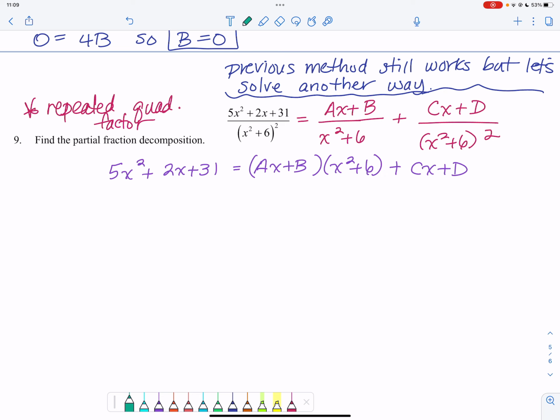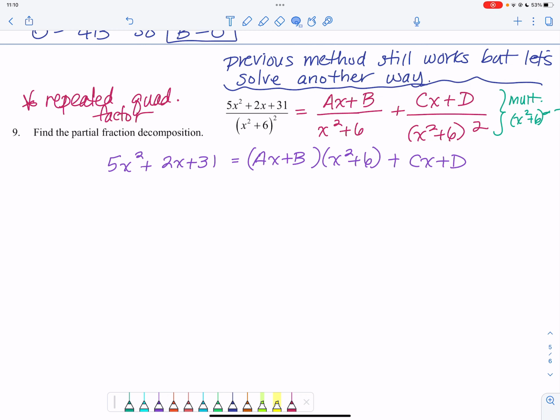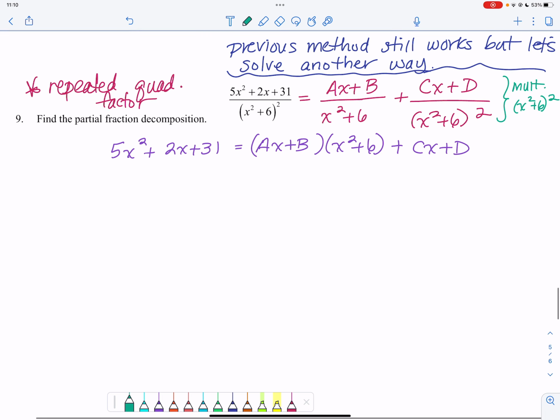We multiplied both sides by x squared plus 6 all squared. And there we have it.